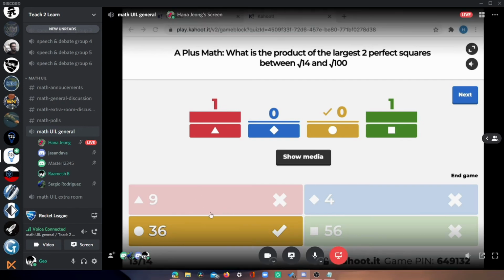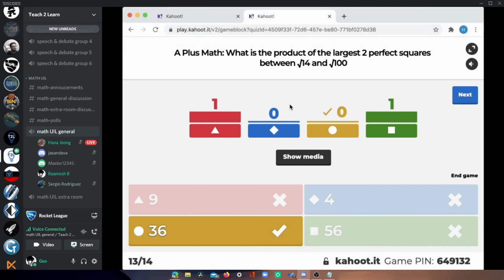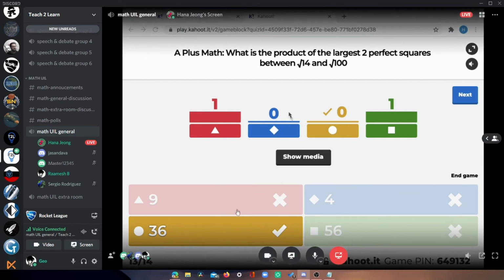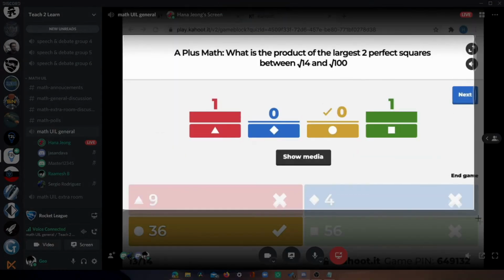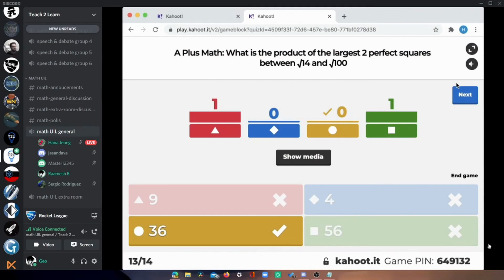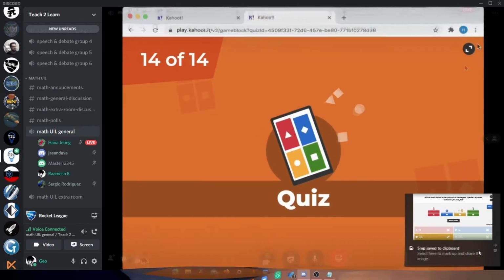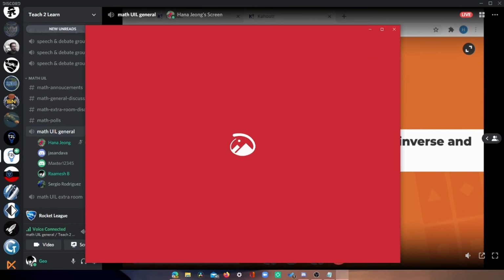Wait, sorry, it's better if I visually explain it. Is it okay if I screen share? Wait, hold on. There's one more question, so I'm just going to screenshot this and I'll explain it later. Okay, you can go ahead.